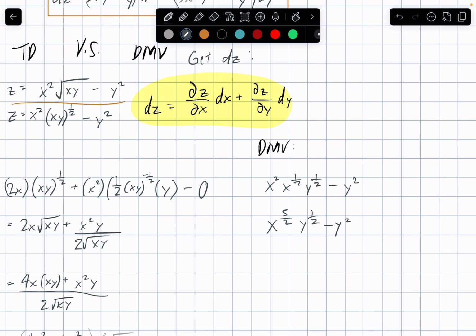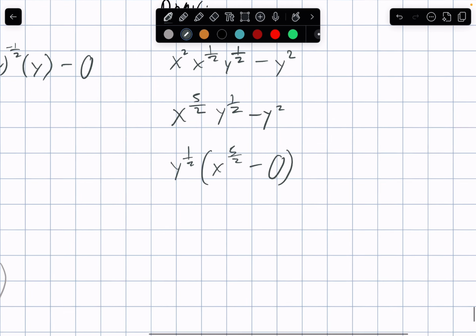And then, what do you do? So apparently you factor y raised to 1/2, and y squared becomes 0. So you end up with, oh wait.